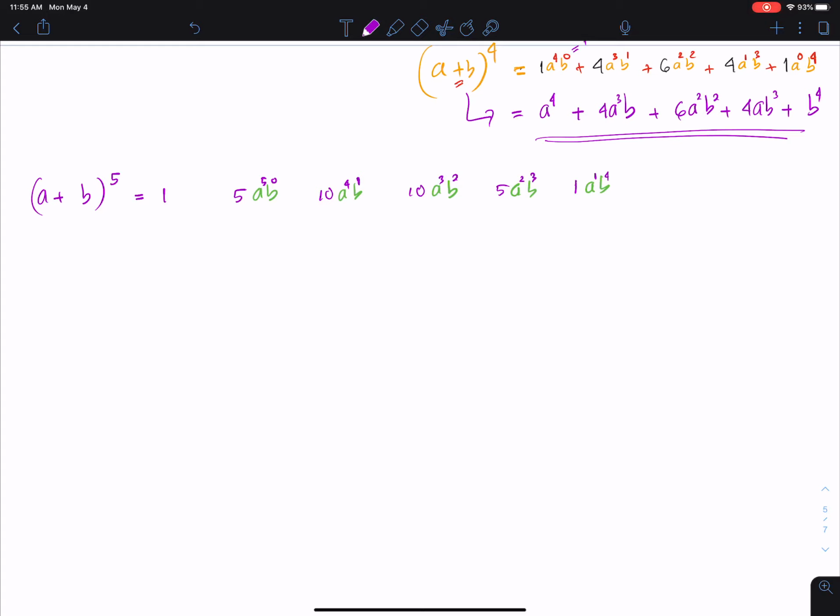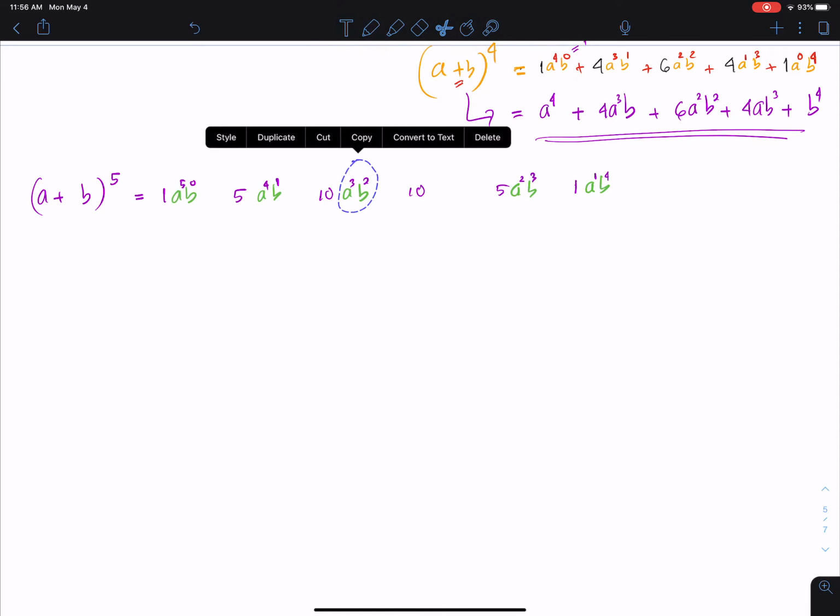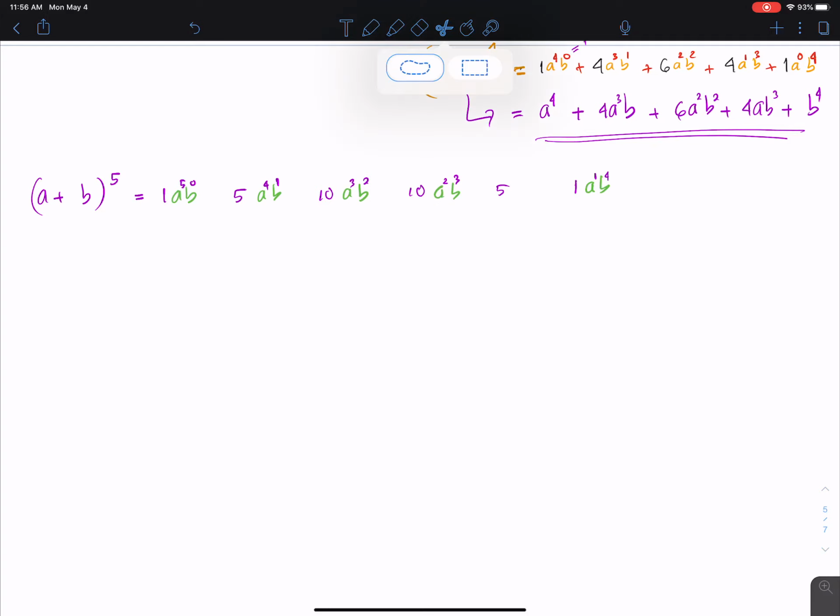Oops, sorry, I missed the first one over here. Let me see. I'll try to put it here, and then this one here, and this one here, and another one here.